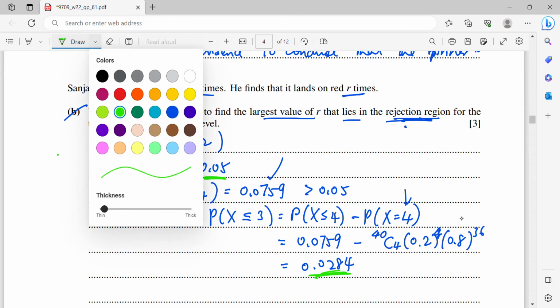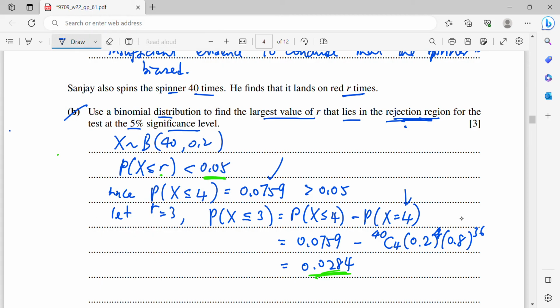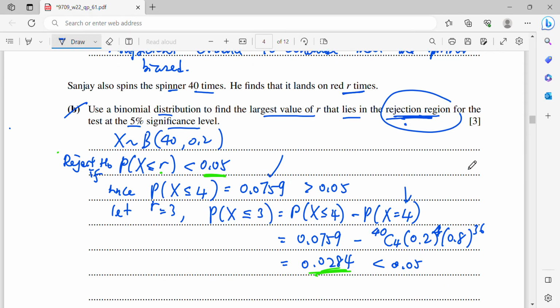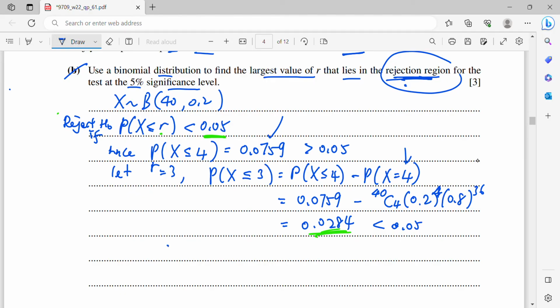So here, basically you can write reject H0 if it is less than 0.05. Since this is less than 0.05, it will be in the rejection region. Therefore the largest value of R will be 3. Okay, that's the B.